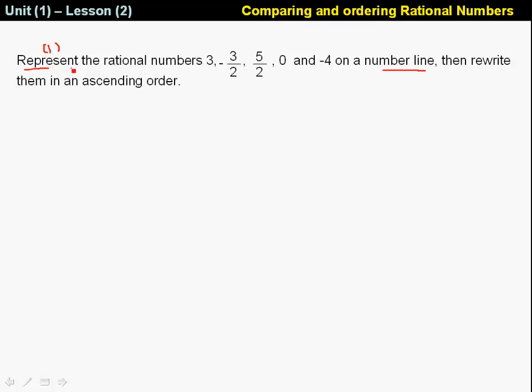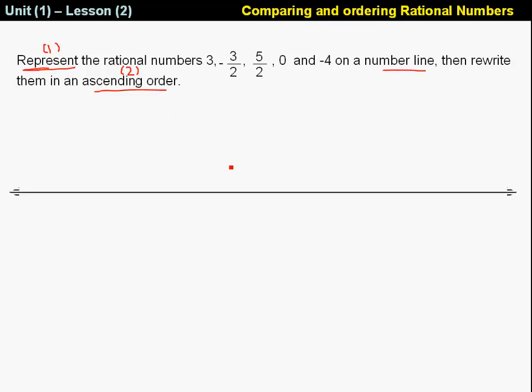So we have to put a line under represent, and after representing these rational numbers, we have to rewrite them in ascending order. So please put another line under ascending order. So we have to answer these two questions.